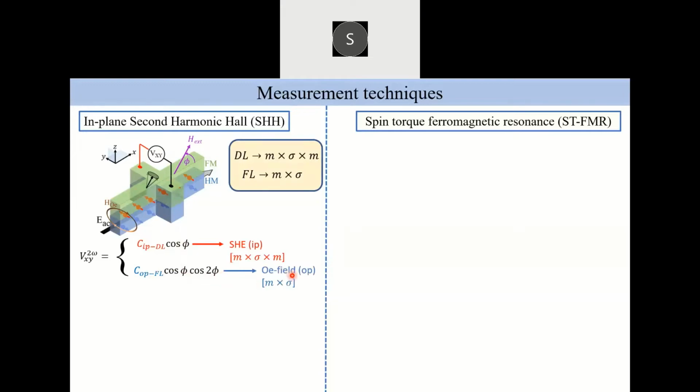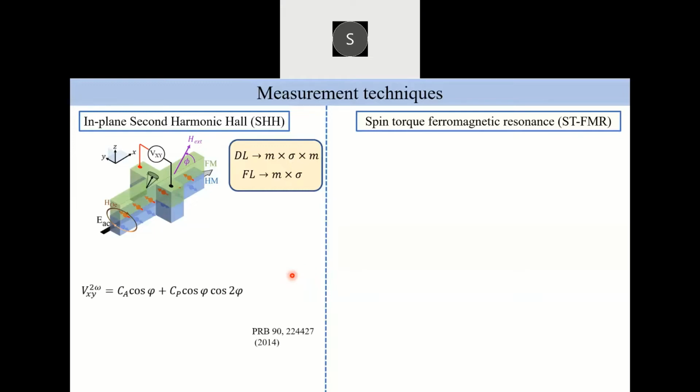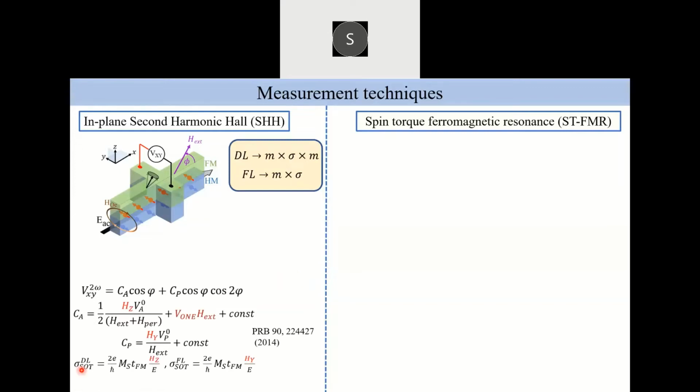And it can originate from the Oersted field or other spin orbit torque originated sources. After fitting this with the following equation, we can finally calculate the damping-like torque conductivity and field-like torque conductivity. And finally, we can obtain the damping-like torque efficiency and field-like torque efficiency by multiplying it with the resistivity.